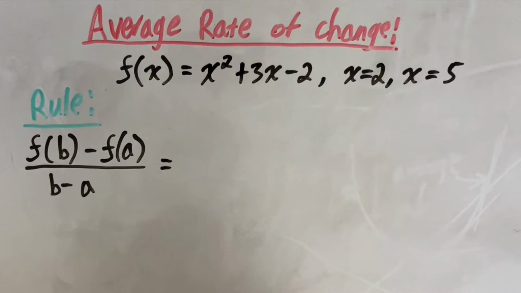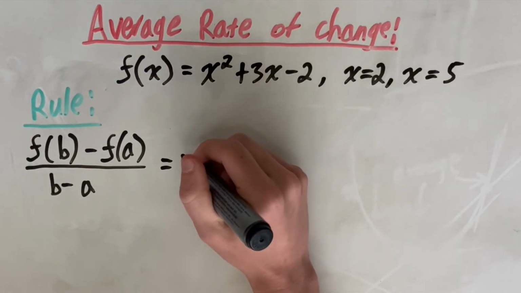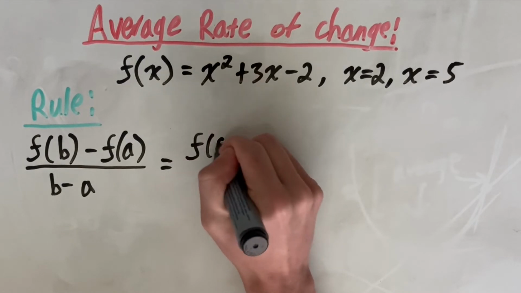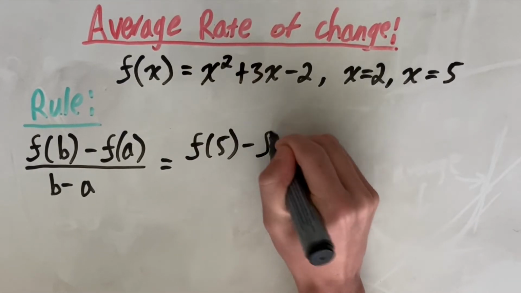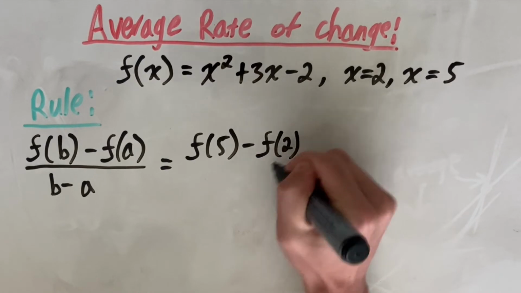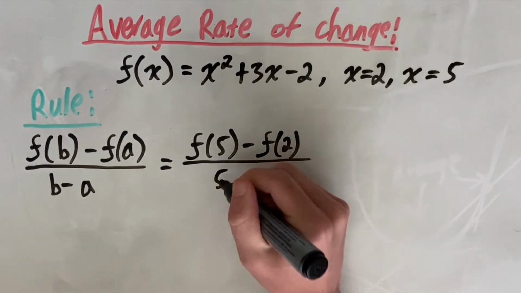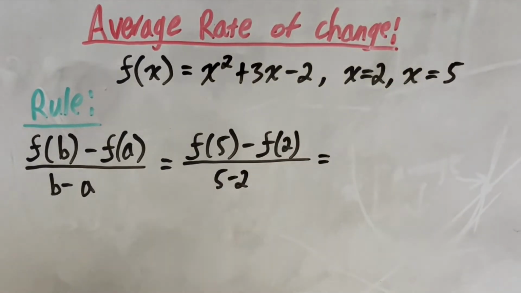So if we calculate this, f of b is just f of 5, because b is 5 in this case, and f of a is just f of 2. And then b minus a is 5 minus 2. So this is the calculation we want to solve.